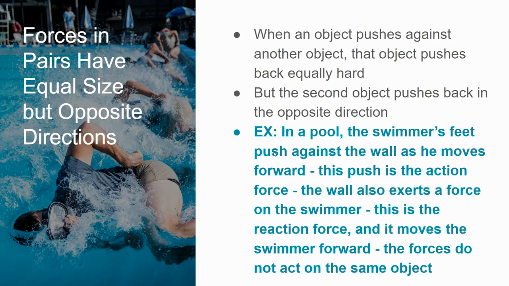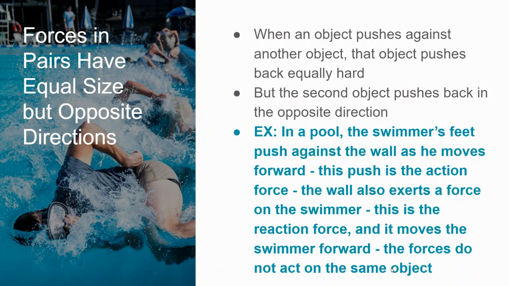So forces in pairs have equal size but opposite directions. These swimmers are all pushing off this wall. But they are pushing off of the wall here. And so they are having equal size forces, but they're pushing opposite directions.